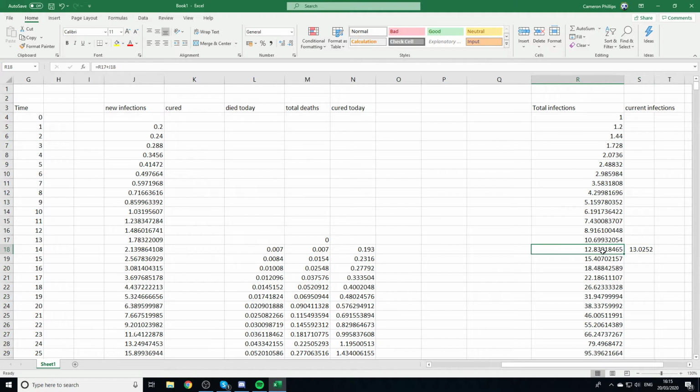I don't see how that can be bigger than total infections, but it seems to be, so let's see what we've done wrong there. The total infections are, hang on, so equals our total infections, and we're going to take away how many people died today. Or do we want to do the total?